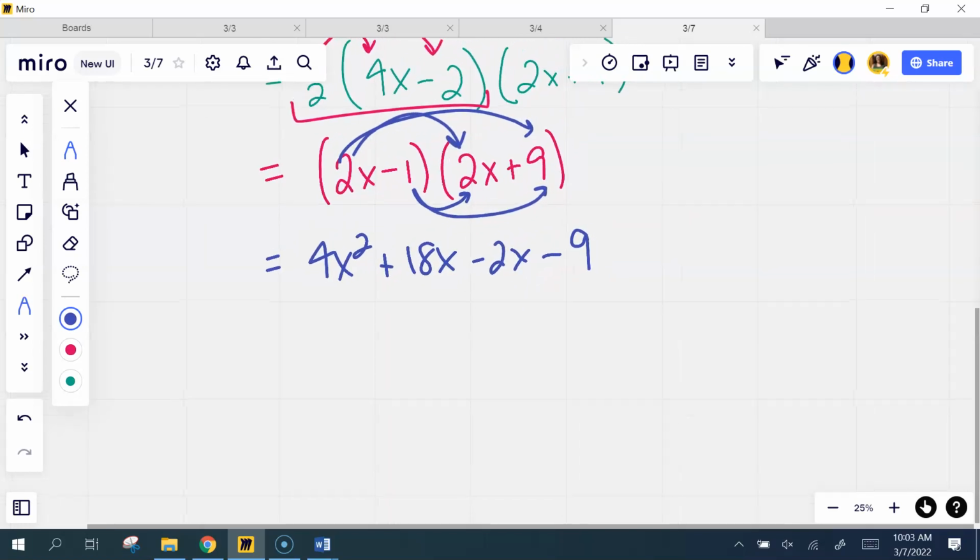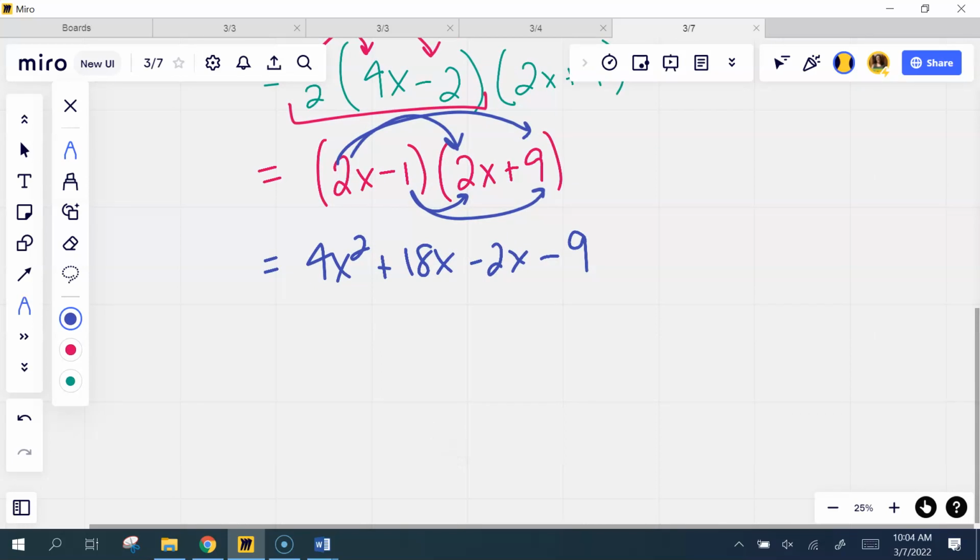Negative 9. Gather your like terms together. So I have 4x squared plus 16x minus 9. That's got a little bit of everything in there. A little bit of combined like terms, a little bit of multiply, a little bit of add in the middle.